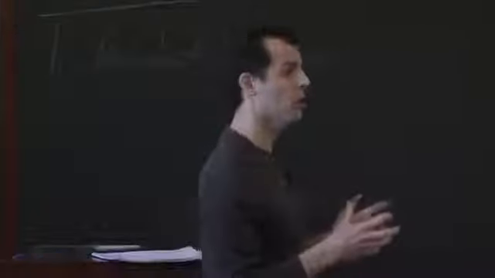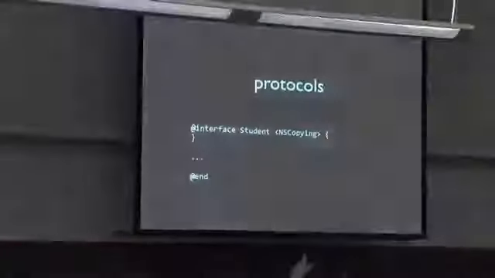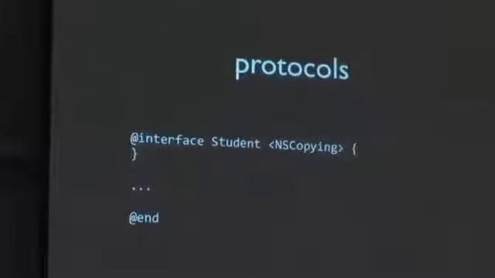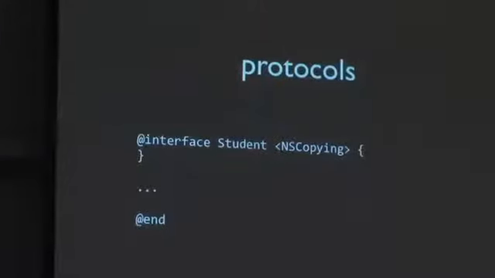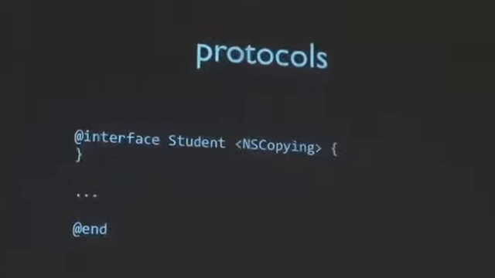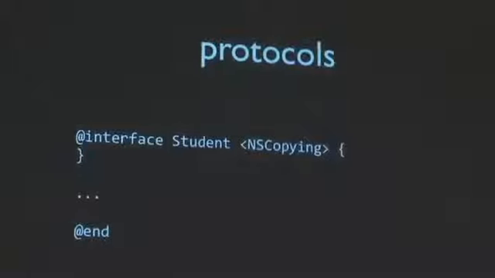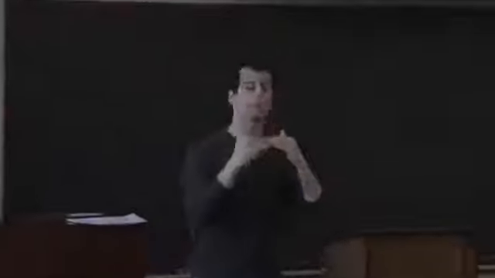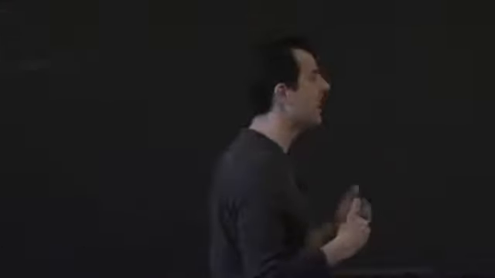In this case, a protocol, as specified in angled brackets there, means that this class implements a whole bunch of methods that are declared in a protocol called NSCopying. So in other words, there's some file, probably NSCopying.h on the system somewhere, and it lists, top to bottom, a whole bunch of instance methods and or class methods with minuses and pluses. That's all it does. Arguments, return types, all of that.